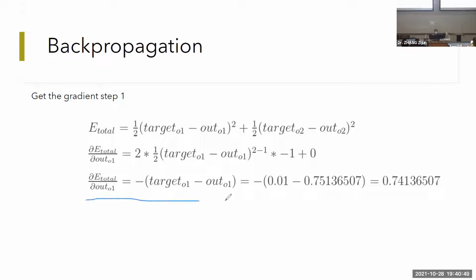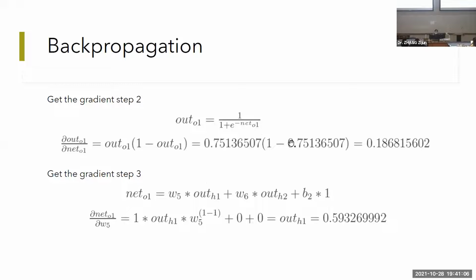And we clearly get that this derivative, plugging in the numbers, will be 0.741. Okay, so the first derivative term we fixed. Then we go to the second one. The second one is the activation function.